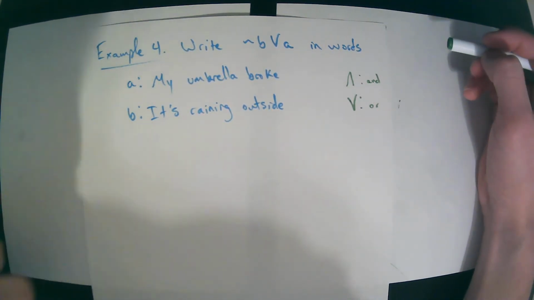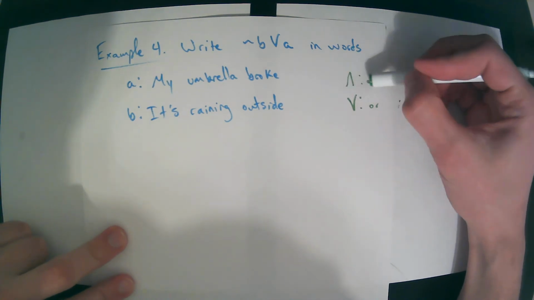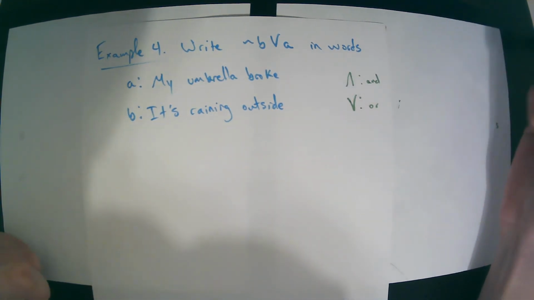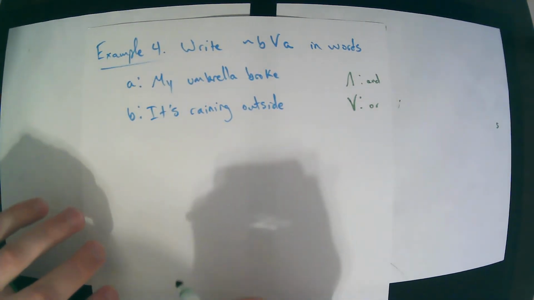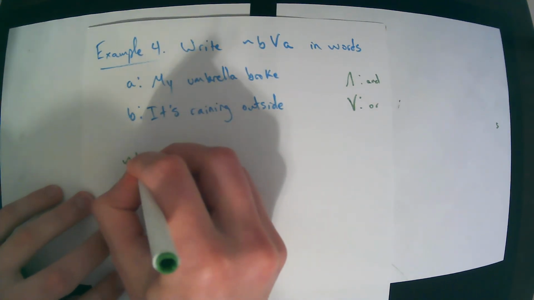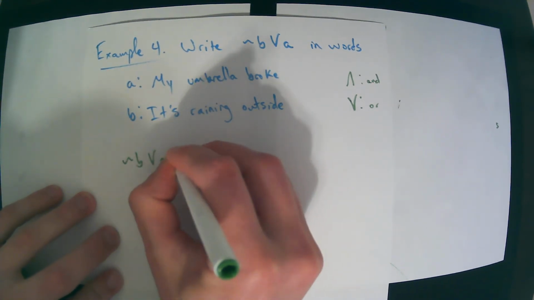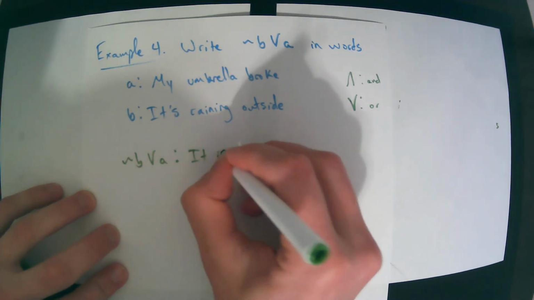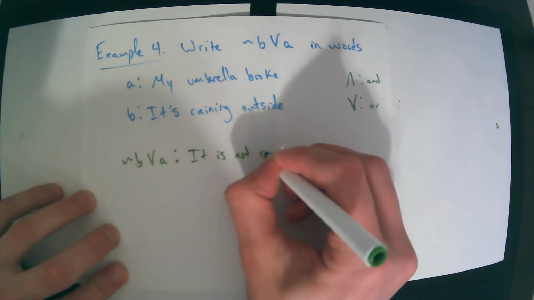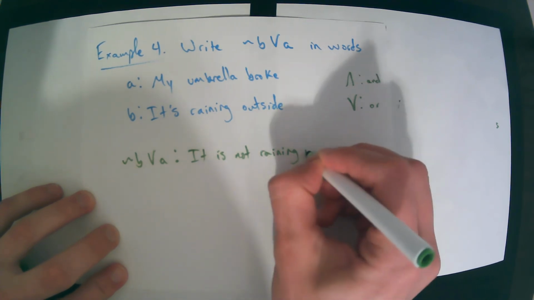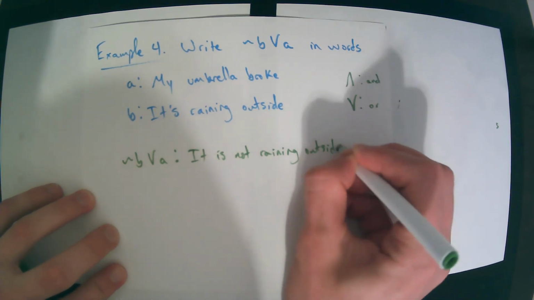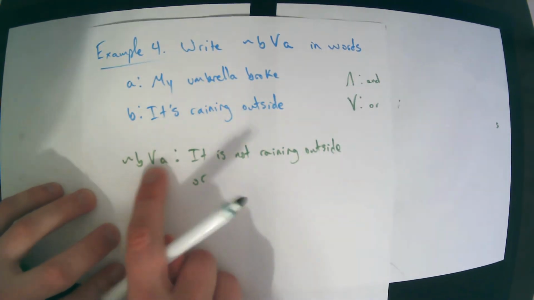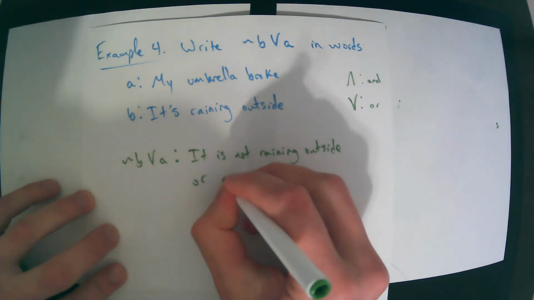So if you can just remember that this one is and, then the other one, by process of elimination, must be or. So I want to write not B or A. That's going to be the same as it is not raining outside, or, there's the or, my umbrella broke.